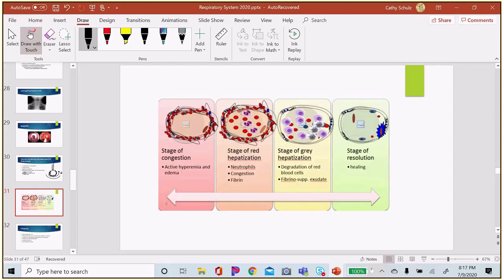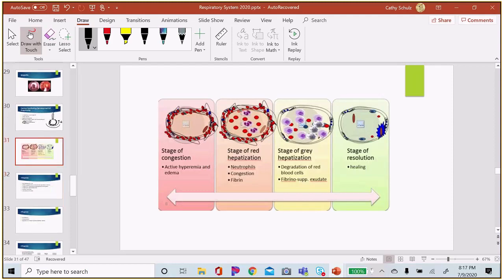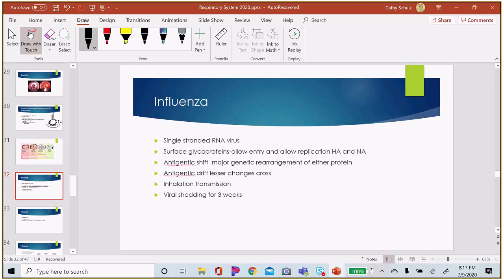And then it'll start to change to what's called stage of gray hepatization, where the exudate is more of our problem, and then it has to resolve. So those are the stages of pneumonia.